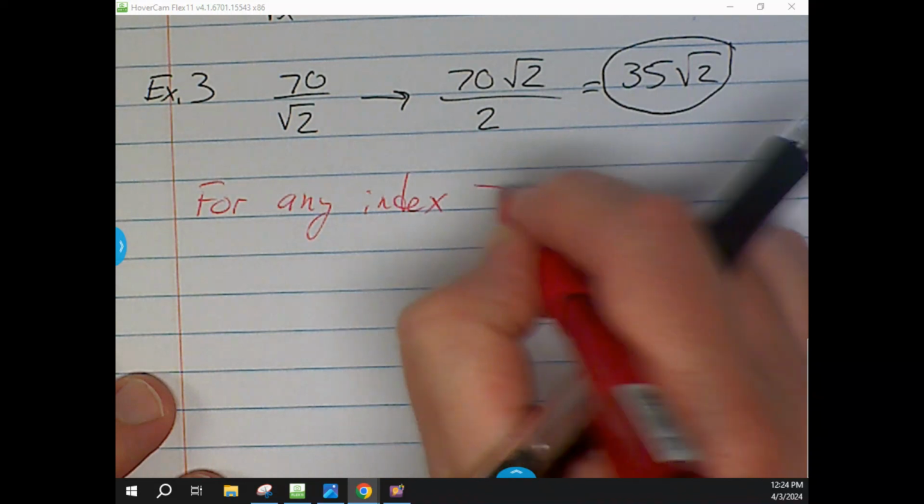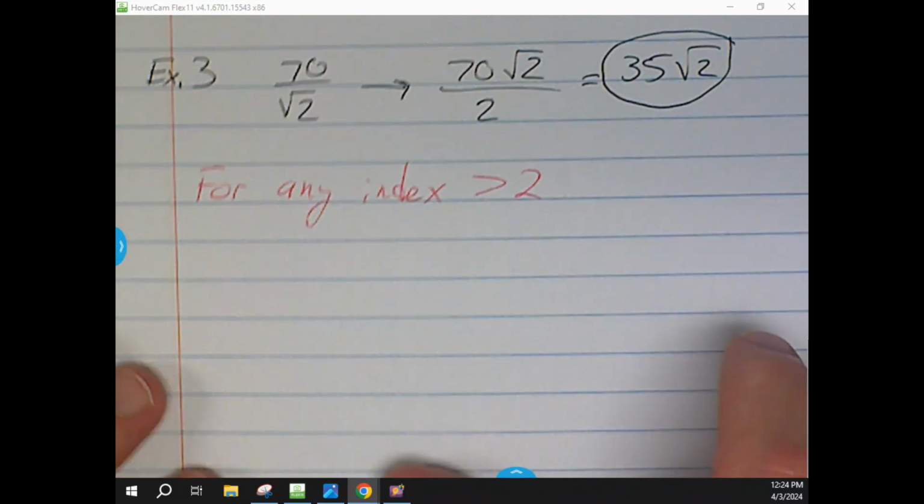So if you got any other index greater than 2, you have a separate way you have to do this one.